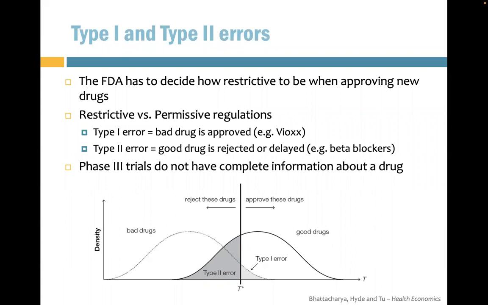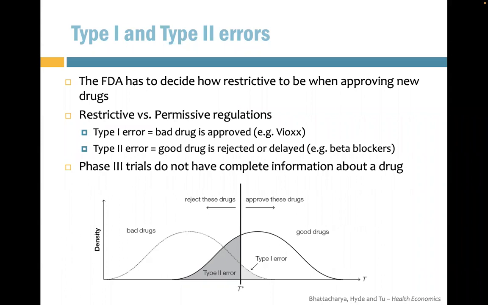A nice framework is called type 1 and type 2 errors. A type 1 error means that you have a bad drug and you approved it. This is a bad thing to do. It happens because a bad drug came in and did all of its clinical trials, and it just happened that they had very good results.